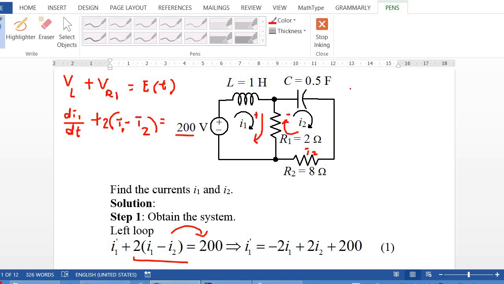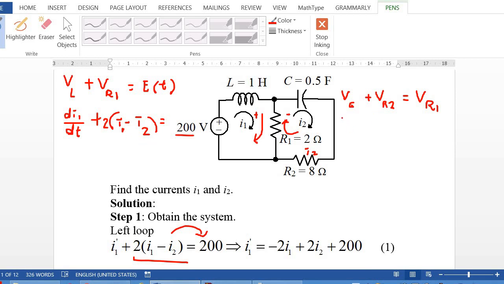So for the right loop, we have VC plus VR2 equal to the VR1 that we obtained in the left loop just now.